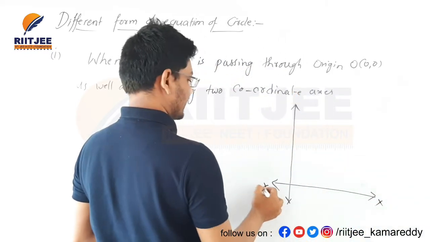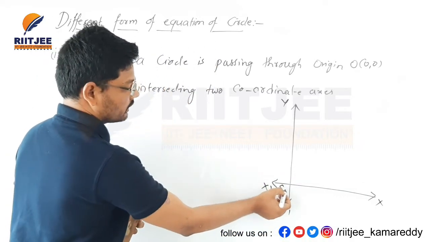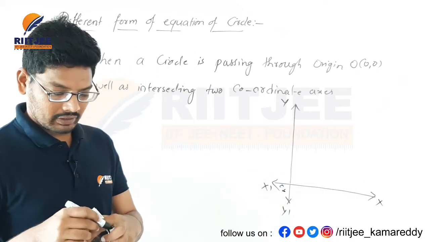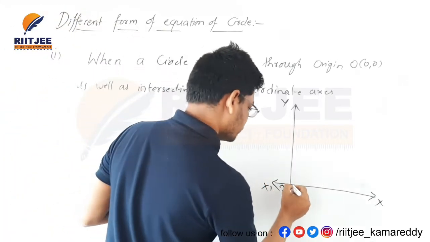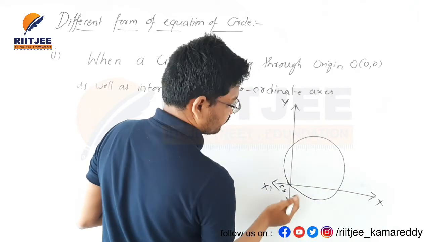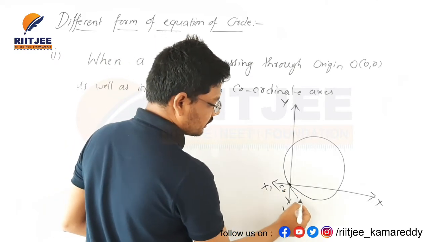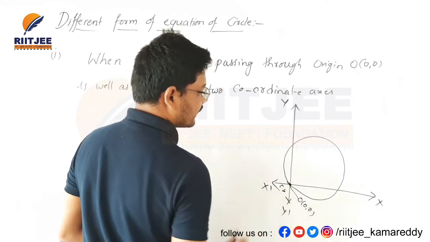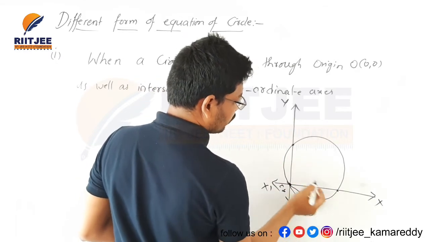This is x dash, y dash, and this is the origin, and the circle is passing through the origin 0, 0 and intersects at two points.